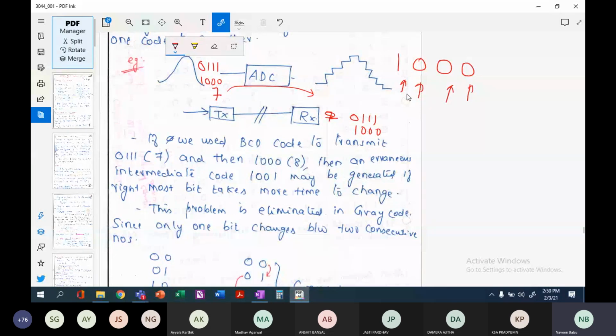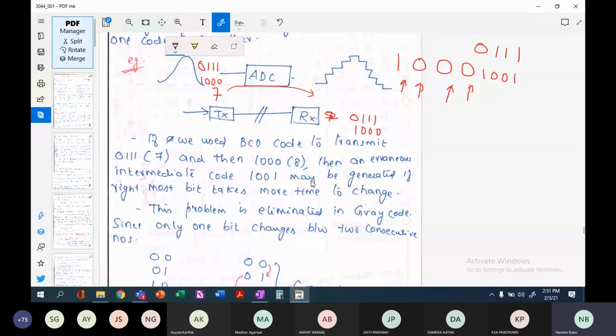There is one separate circuit corresponding to each bit, which means that if, for example, due to capacitance or resistance inside that particular circuit, the changing of this bit gets delayed. 0 1 1 1 must change to 1 0 0 0, but this last bit is taking some time to change. Then what happens? 1 0 0 1 will be sent to your output instead of 1 0 0 0. This is an error actually. So how do you eliminate this particular problem?